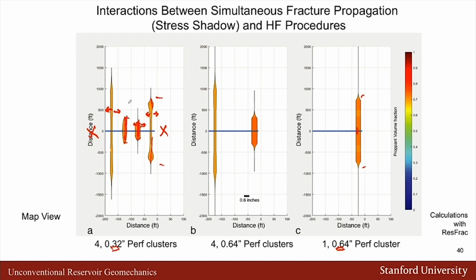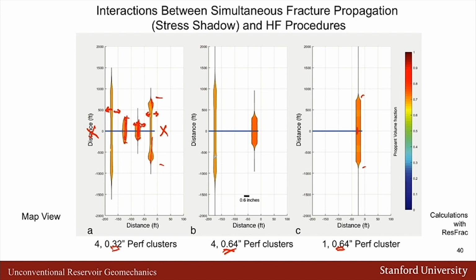Okay? Now, perforation diameter comes into this because if you repeat the experiment in panel A and simply change the diameter of the perforation clusters, you only get 2 hydraulic fractures instead of 4.